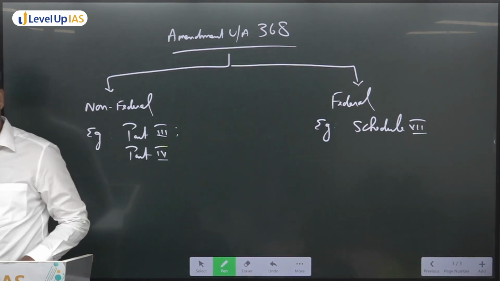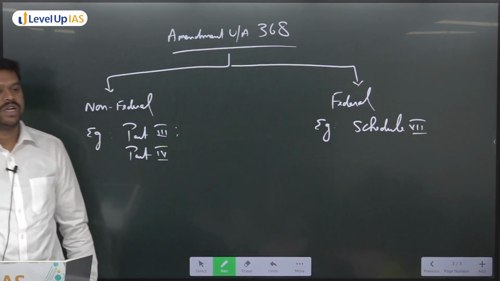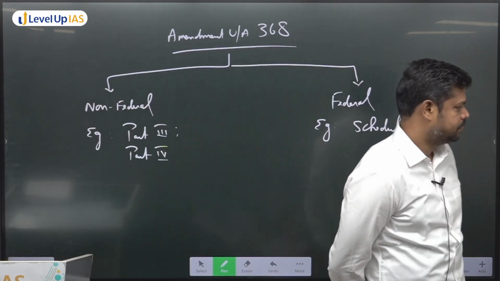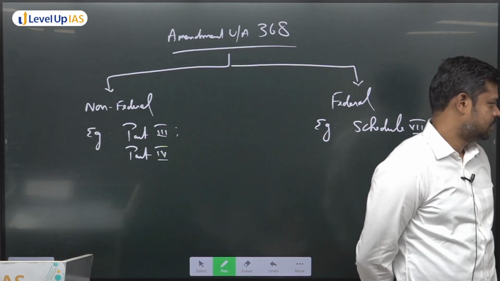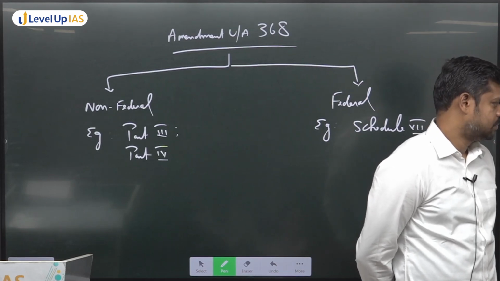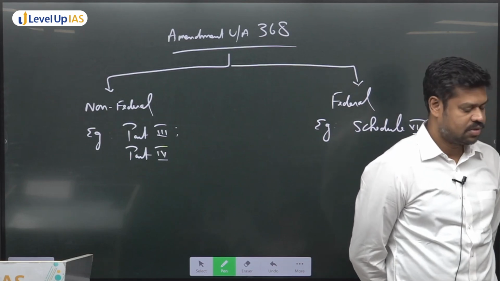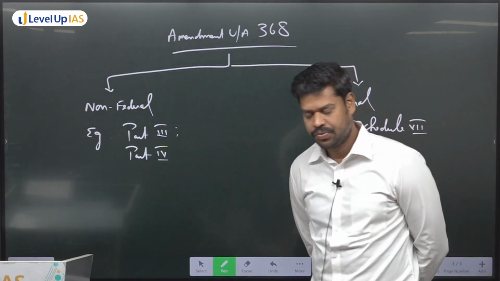Example: amendment to Schedule 7 of the Constitution. Just give me a moment. Amendment to the federal provisions, amendment to Schedule 7.